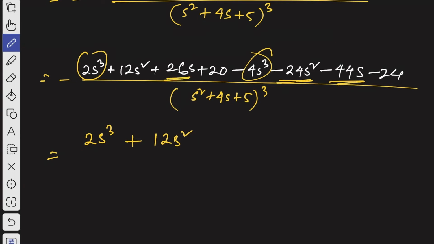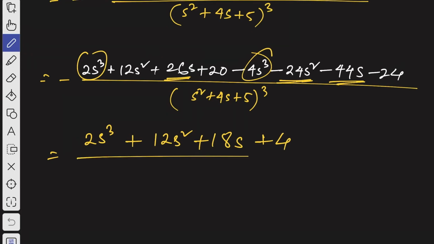Then minus 44 plus 26s, that's going to give you minus 18s. Because of multiplication of this minus, you should get plus 18s, right? Then again minus 24 plus 20, that's gonna give you minus 4. And because of this minus sign, here you will get plus 4, right?